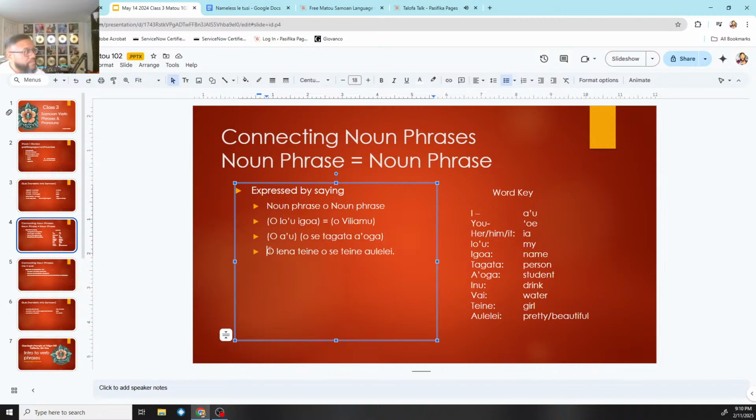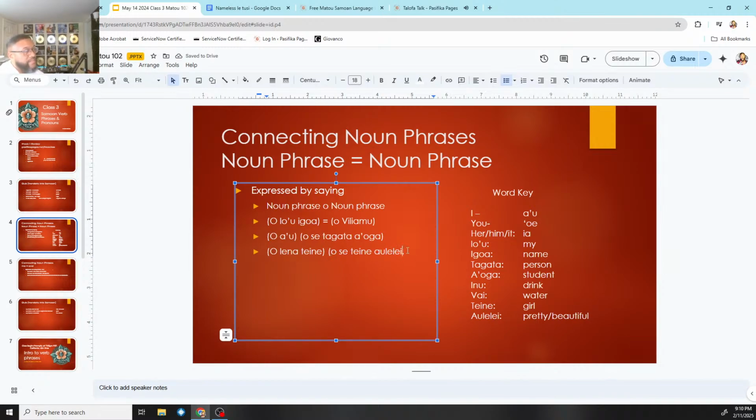And then on this one we have olena teine. Again, there are other ways to phrase it, we're just going to keep it simple. So we have olena teine, so it is that girl. And then we have ose teine aulele.